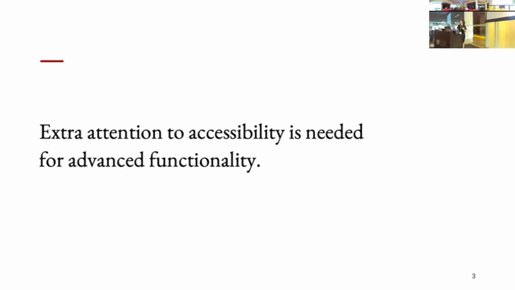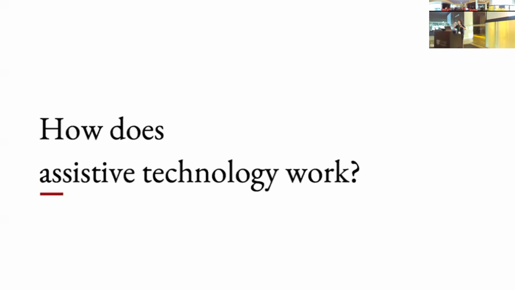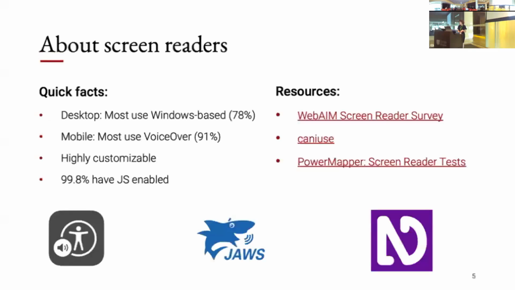When we get a ticket saying, hey, a screen reader user wasn't able to complete this whole process, if we've never taken accessibility into consideration for that, that can be very time intensive and it can be really expensive to remediate. So before going into the specifics of these complex components, I want to give a very high level overview of how assistive technology works in case you are unaware.